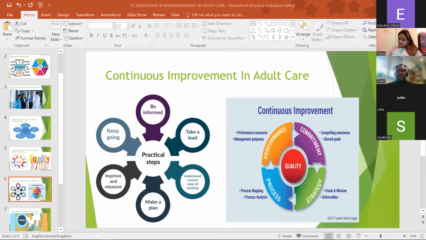We'll be looking at reviews and implementing of improvements to systems and processes and practice in the healthcare environment in relation to adult care. So that's what that also relates to.